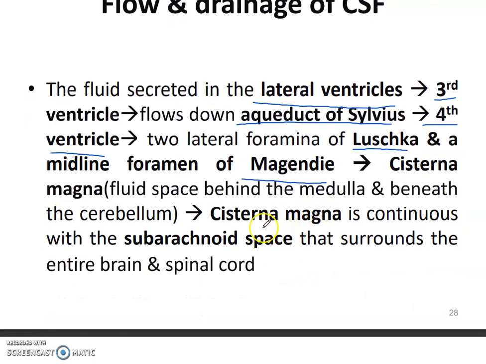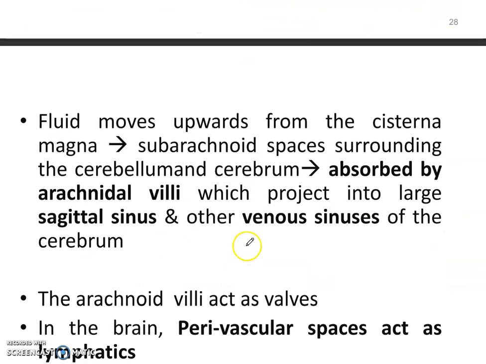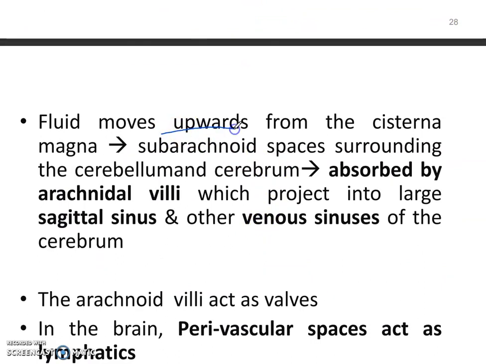And then there is the cisterna magna, which is continuous with the subarachnoid space that surrounds the entire brain and spinal cord. The fluid moves upwards from the cisterna into the subarachnoid spaces surrounding the cerebrum, where it is absorbed by the arachnoid villi.